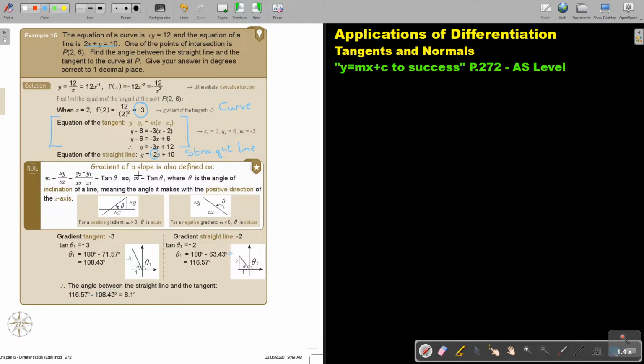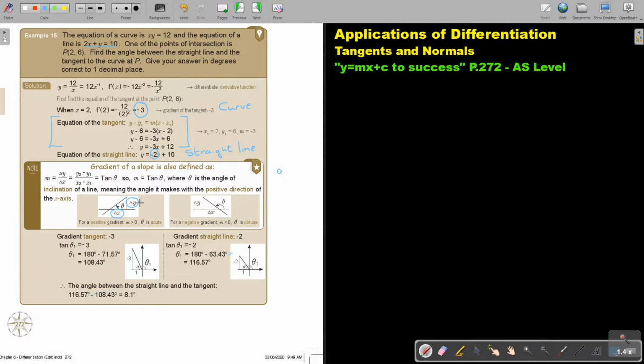Now this information is very important, so I want to recall it a little bit from previous work. The gradient of a slope is also defined as, now remember tan. Tan theta is opposite over adjacent.